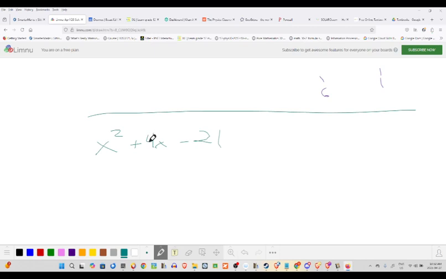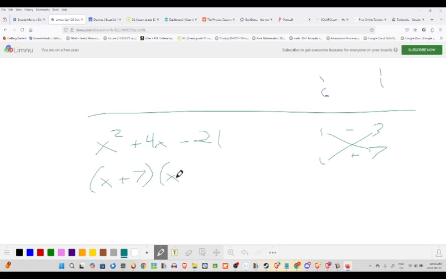We know we have middle term of 4. So 3 and 7 seem like a more likely combination. I'm going to say 1 times 7. If we make that the positive, we'll get our plus 4, and the 3 will be the negative. That's how we get the different terms. 7 minus 3 gives us the right combination.